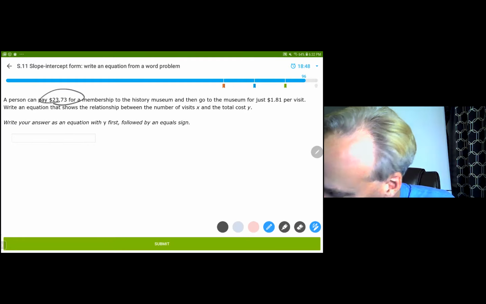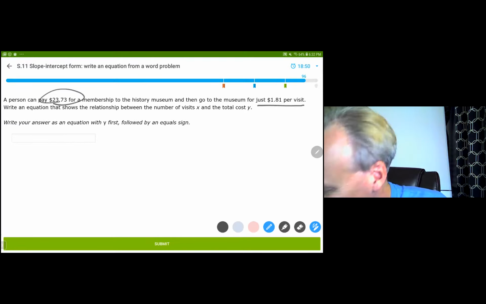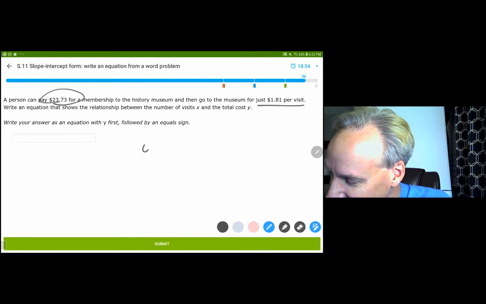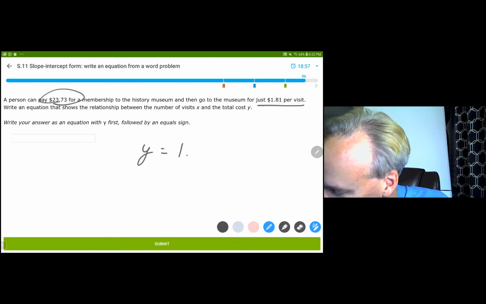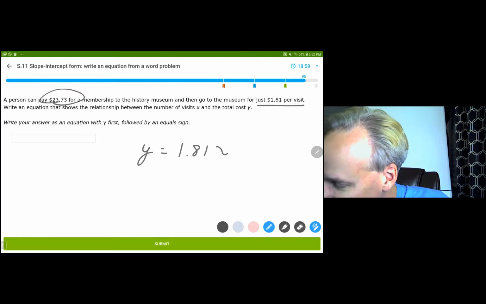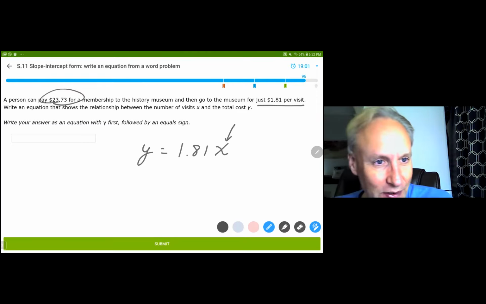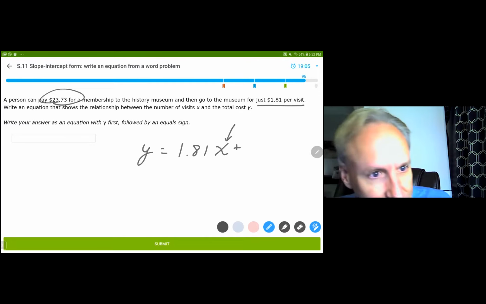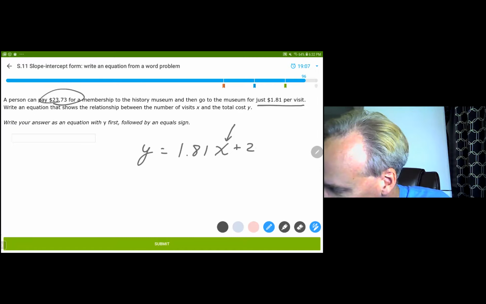Okay, so there's the membership, and you pay $1.81 per visit. They want to put in some funky looking numbers there. y is equal to $1.81 for each visit, times the number of visits that you went to the History Museum, plus the $23.73.